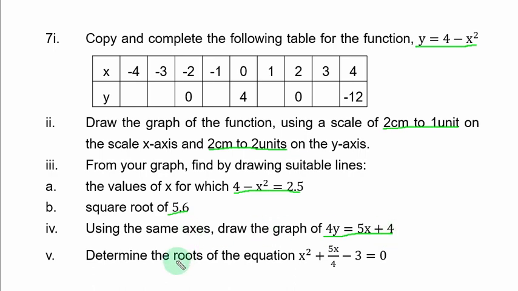Determine the roots of the equation s squared plus 5s over 4 minus 3 equals 0. So this is the complete problem. Let us provide the solution to it part by part.